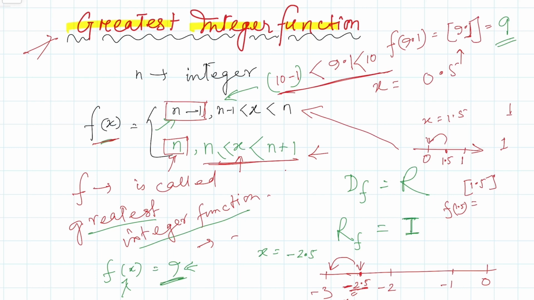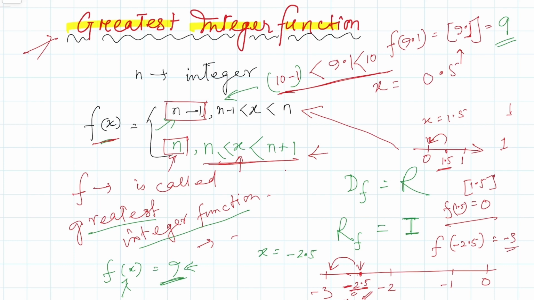You have to take the integer on the left of this value on the number line, that is 0. That's very simple. So f of minus 2.5 must be equal to minus 3.